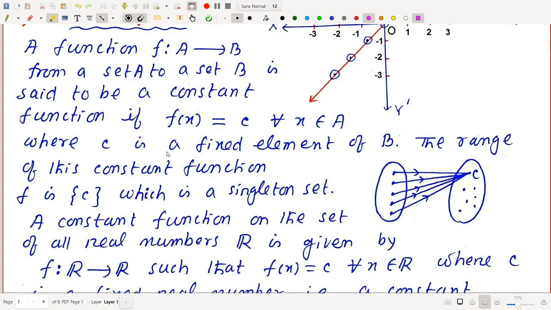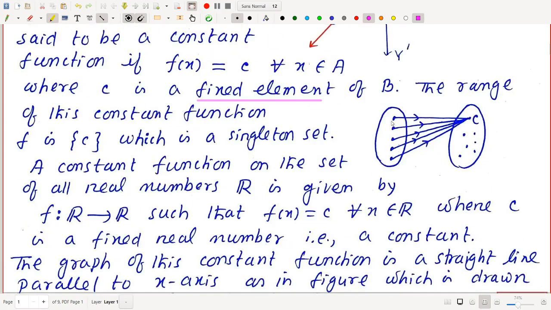And this C is what? C is a fixed element of B, and that we usually call constant, fixed element of the codomain capital B. So every element is mapped onto the same element. Then the function is constant function. You can see in the figure every element here mapped onto the single element C of the codomain. Here it is domain.